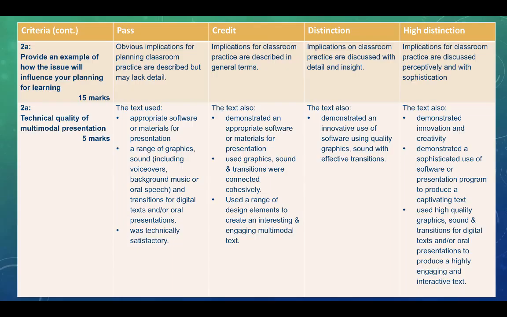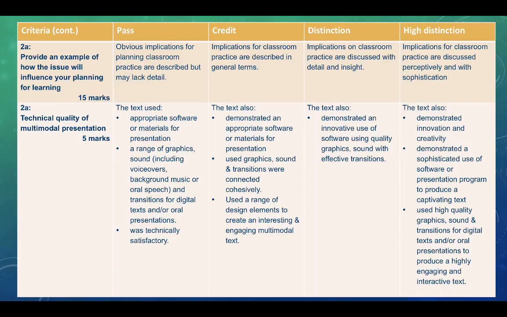You're also going to provide an example, quite a specific example of how this issue will actually influence your planning for learning. So based on what you've uncovered in the previous section where you explore the issue critically, you come up with a "so what does this actually mean?" And again, there's some depth to this because 15 marks are allocated to this particular criteria.